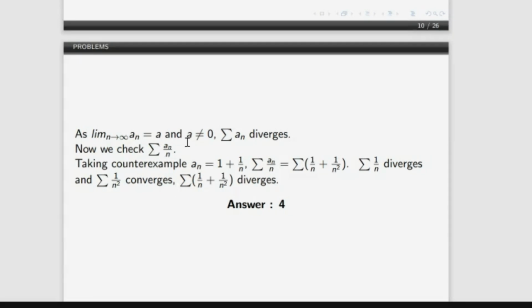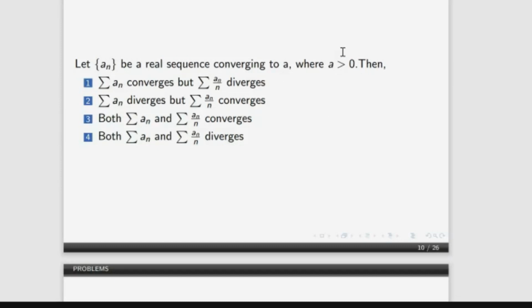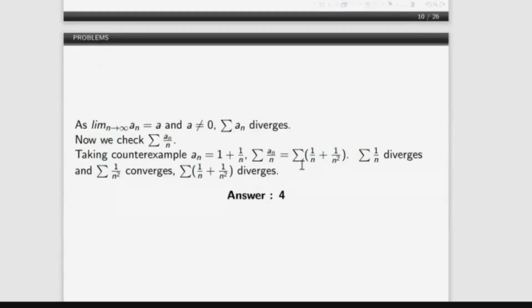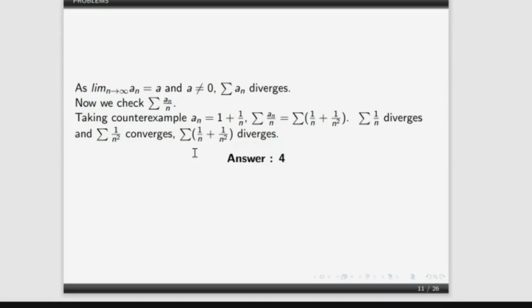Taking an by n divided by 1 by n, we get the limit as an value, which is positive, a finite value. This means that an by n and 1 by n behave alike. And as series 1 by n is divergent in nature, this series is also divergent. So don't confuse convergence of a sequence with convergence of a series. Both are two different things.